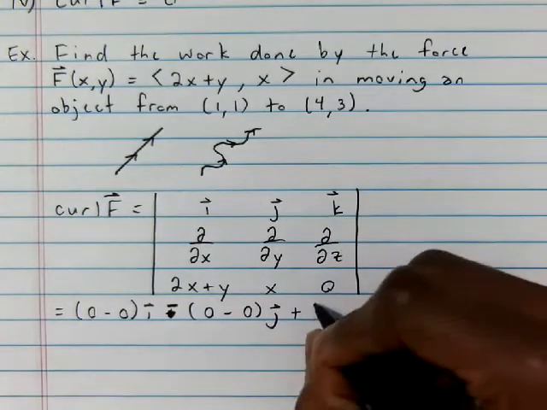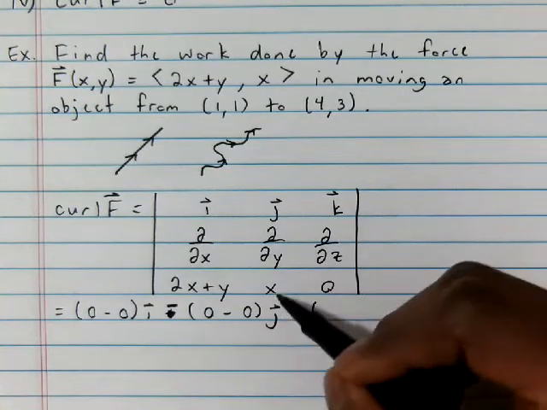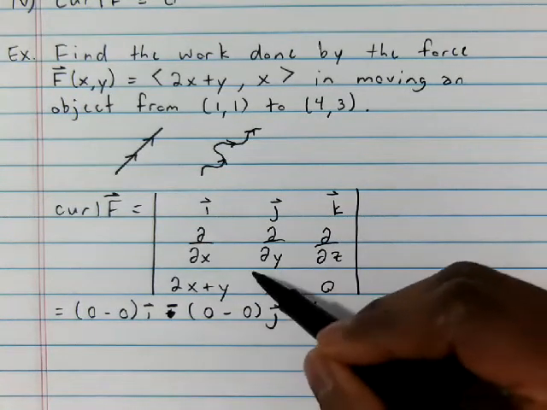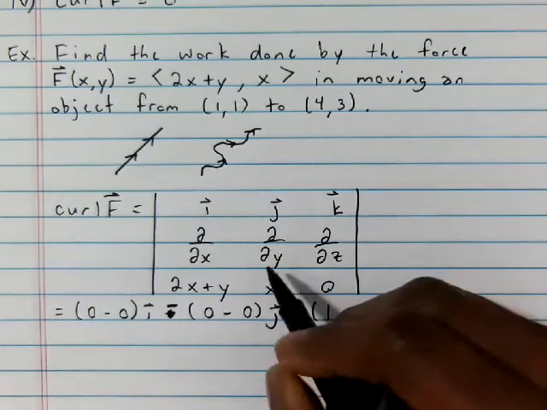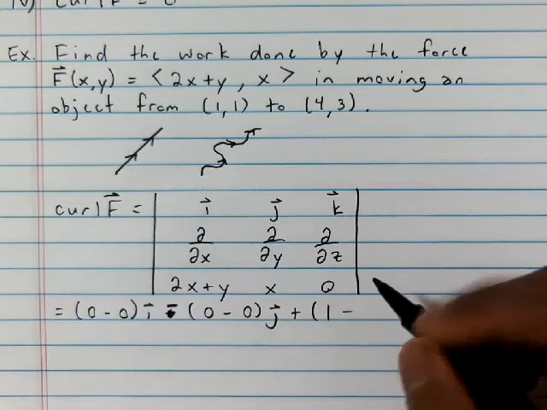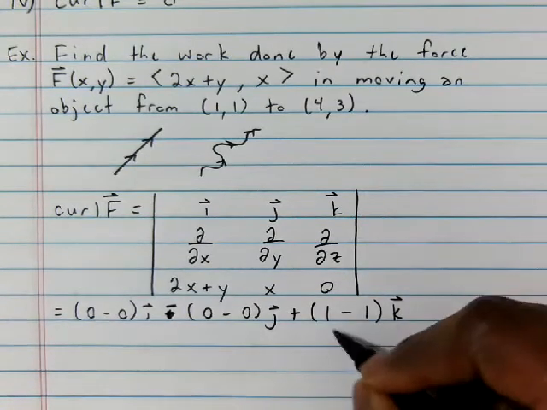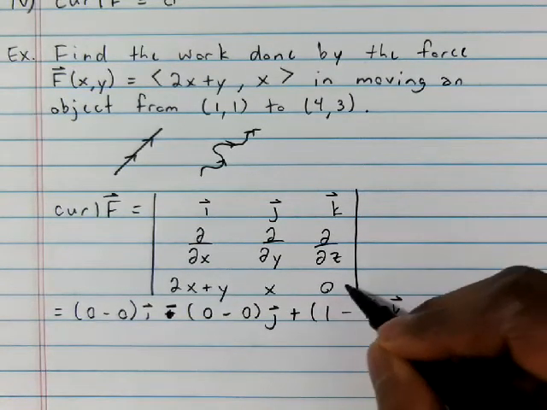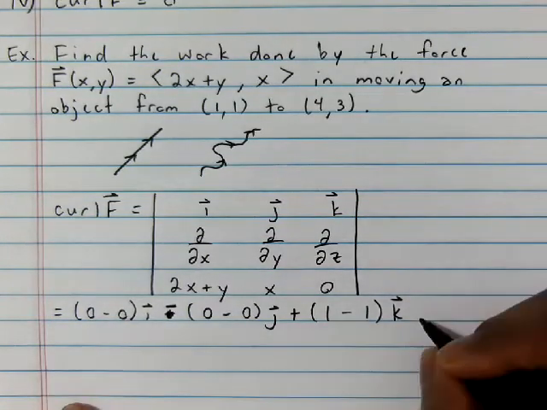Then plus your k component. Now our k component is going to be the partial of this with respect to x. So the partial of x with respect to x is just 1, and then minus the partial of 2x plus y with respect to y, which is also 1. And we get that. Now this part is going to change from one problem to the next. Here we get the 0 vector.